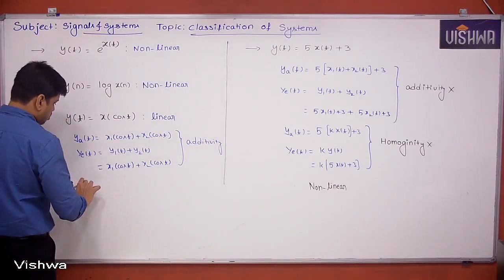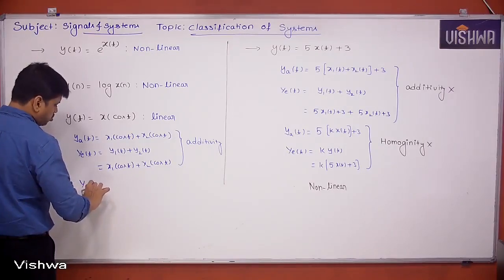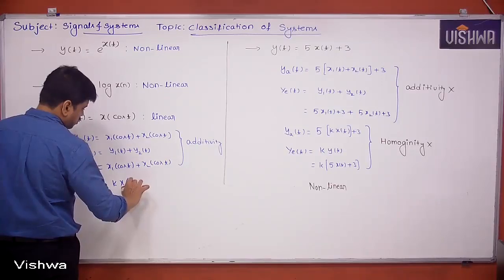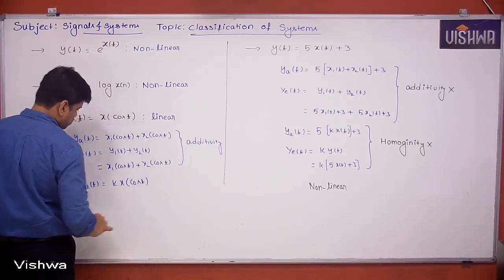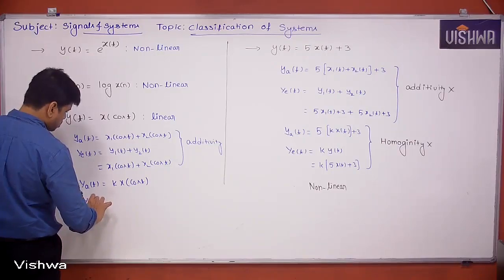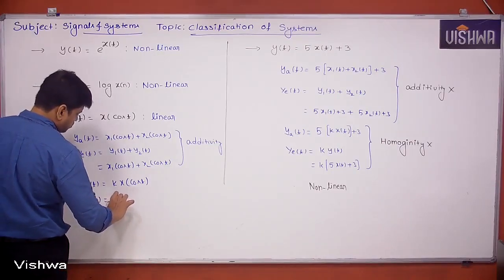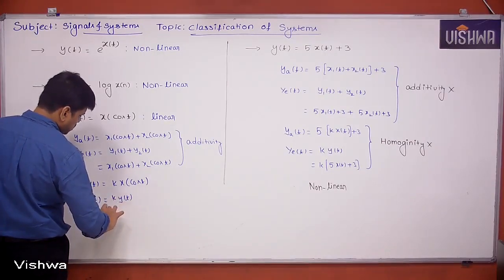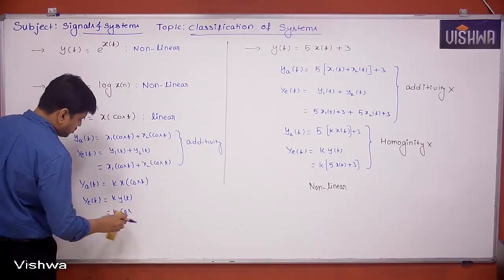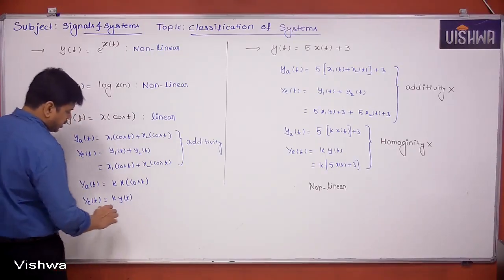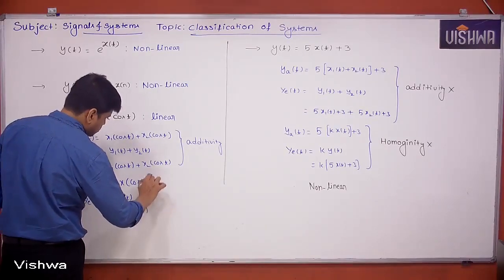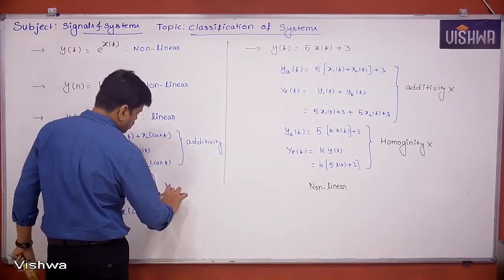Next, homogeneity principle. The actual output is x replaced with kx of cos t. Then what is the expected output? k y of t, which is k x of cos t. Both are the same again. So it satisfies homogeneity also.